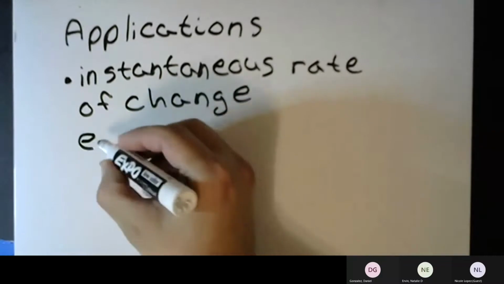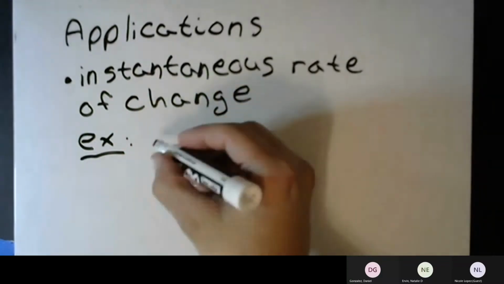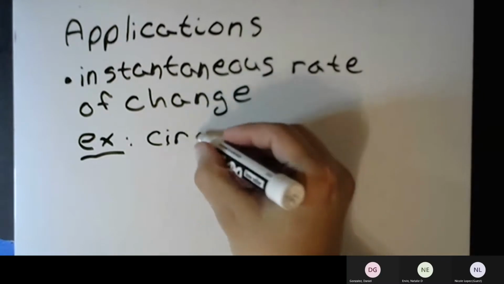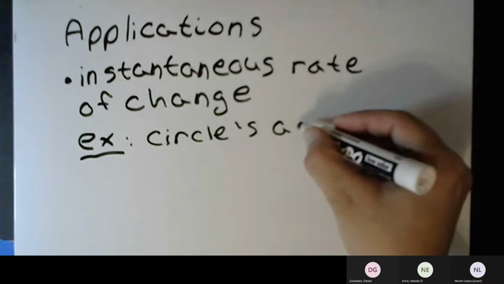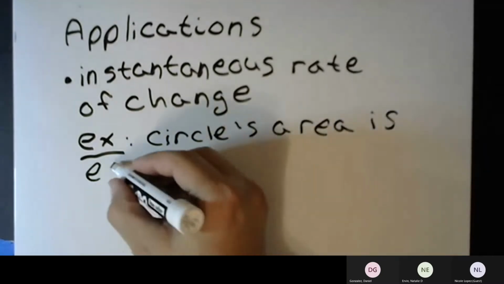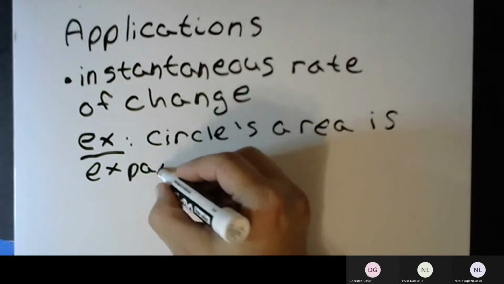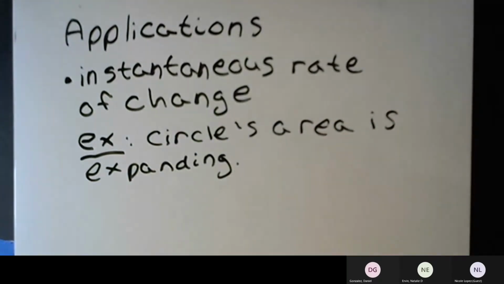Now, let's say we have this. We've got a circle, and its area is expanding. So you can kind of think of this as like if you spill something on the ground and it's just expanding out.